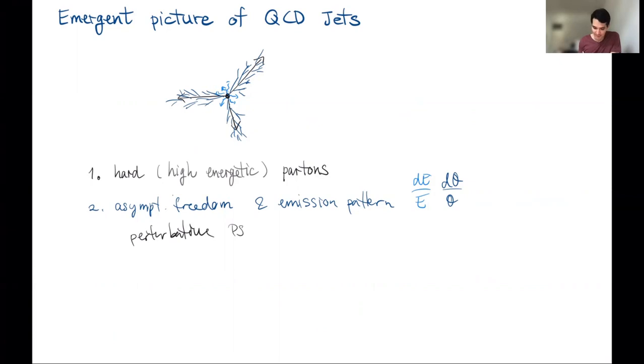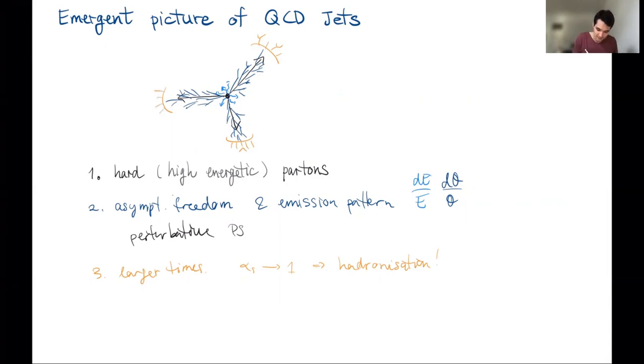Then ultimately what will happen is that at larger times, we have this property that alpha s increases, which means that hadronization will take place. So this happens at the later stage, and these partons will then be converted into hadrons.